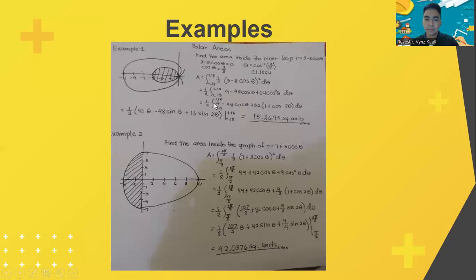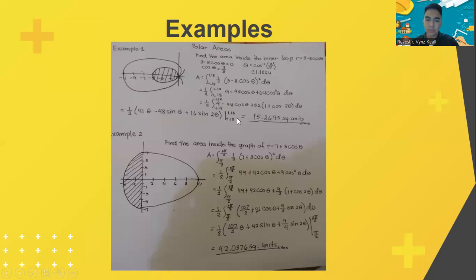Then copy. So 1/2 times the integral of 9 minus 48 cosine theta plus 32 times (1 plus cosine 2 theta) d theta. The limits of negative 1.18 to 1.18.